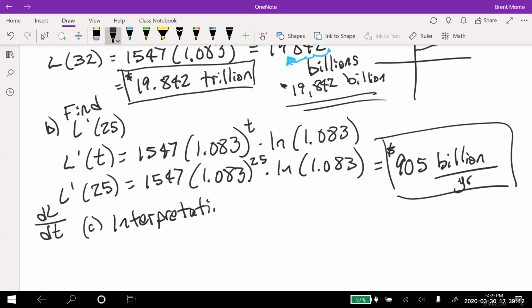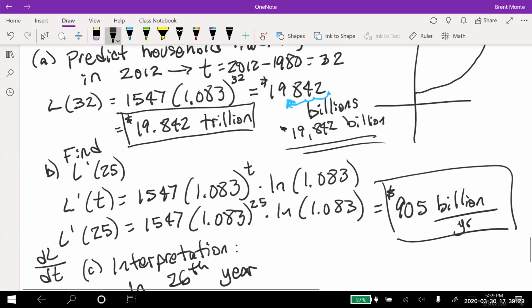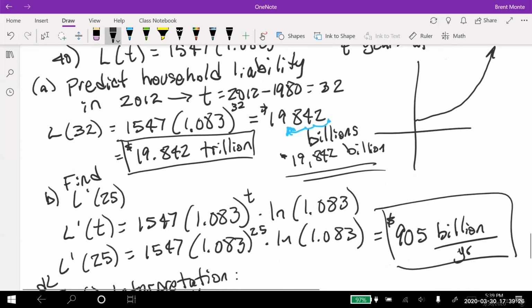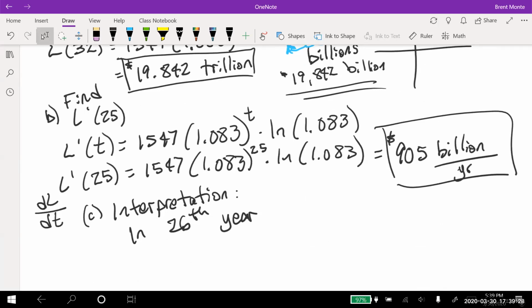The interpretation for part C, remember, it's always forward looking. So it's the next year. So that was in the 25th year. In the 26th year, we started in 1980, so that'd be in 2006.